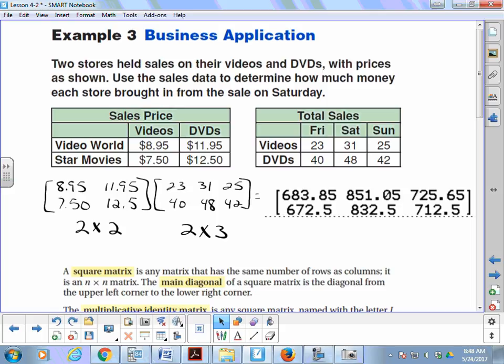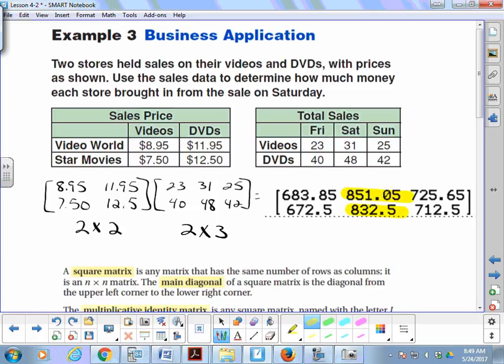So when you have the application of these, you need to understand what they're talking about. It says, use the sales data to determine how much money each store brought in from the sale on Saturday. So the sentence I would write here would be that Video World has $851.05 on Saturday, and Star Movies has $832.50 on Saturday. So here's my Saturday numbers.